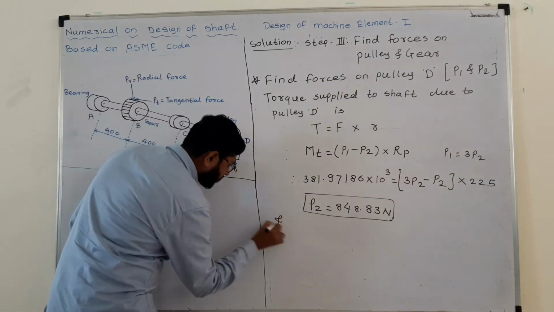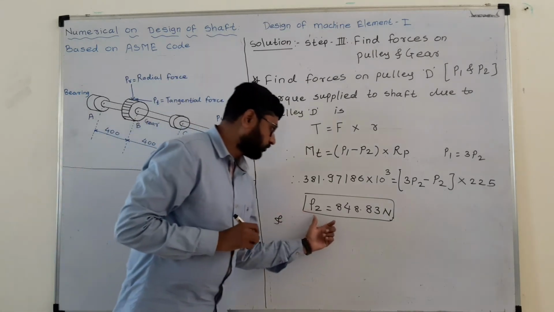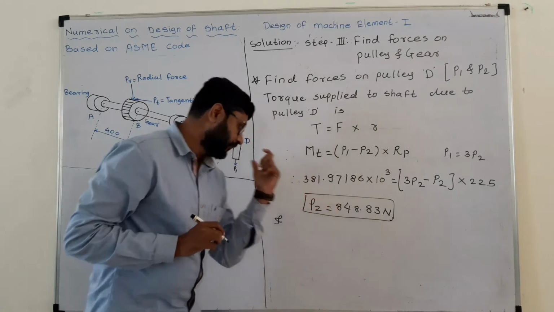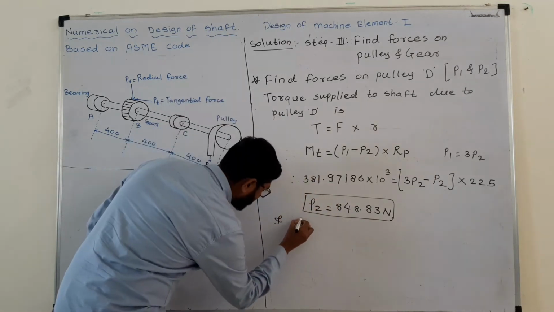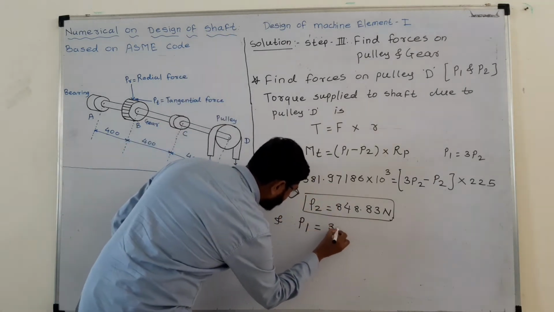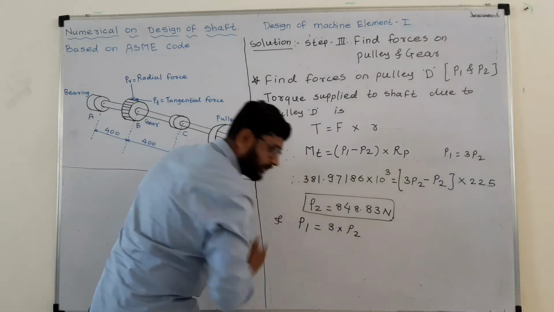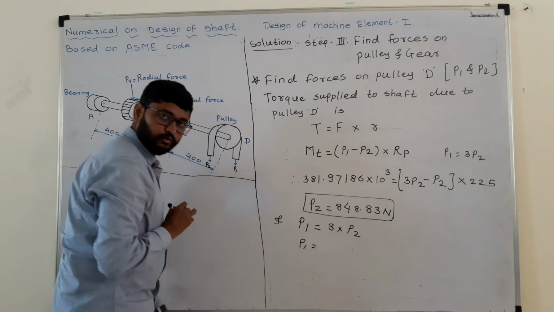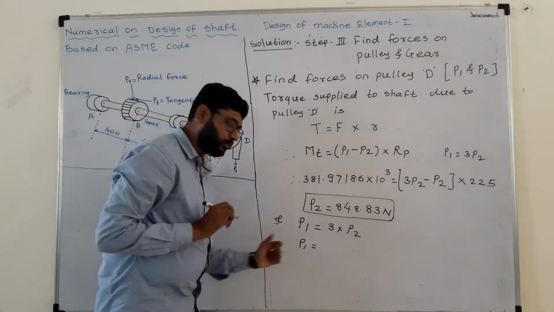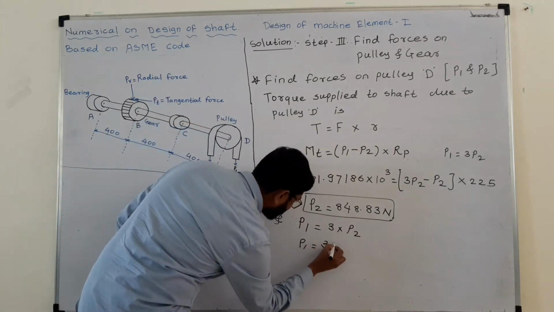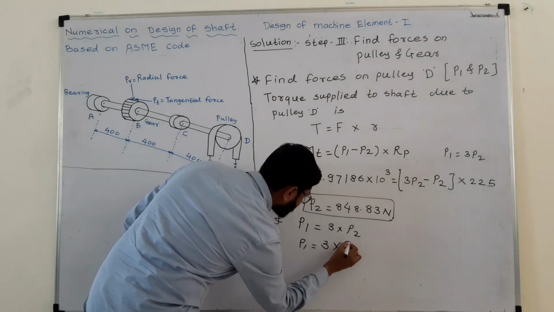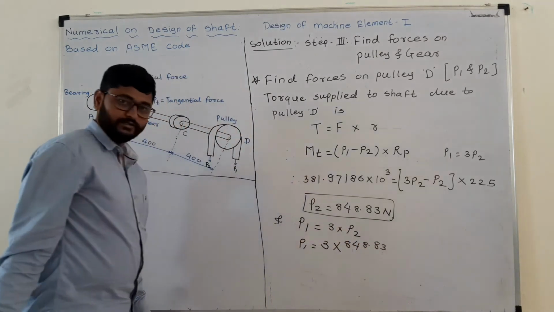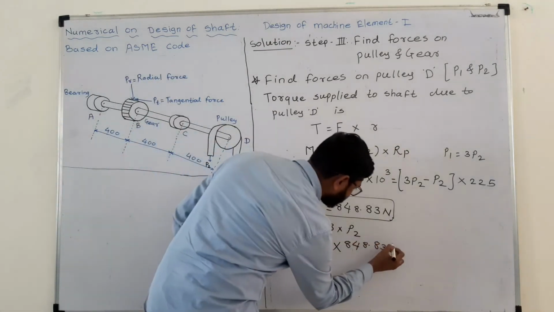Then we get P2 equal to 848.83. But we know the equation P1 equals 3 times P2 is given, so from this relation we get the answer for P1, that is equal to 3 into P2, which is 3 into 848.83.